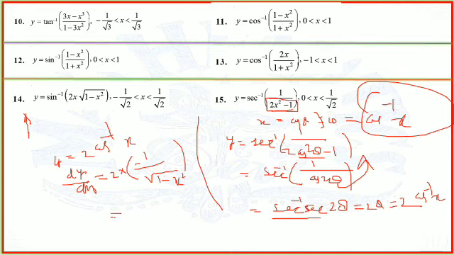So it is equal to minus 2 upon under root 1 minus x square. That's all about this question and this exercise.